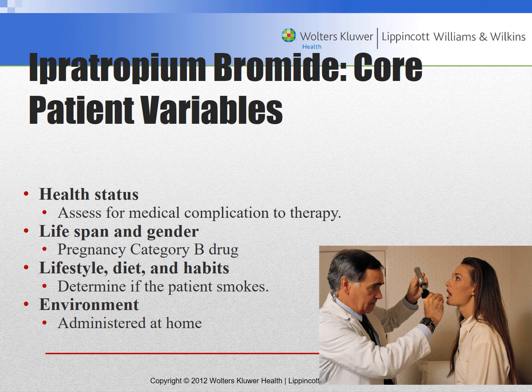We do need to determine if the patient smokes, because of some of the properties of the drug, as far as the hoarseness and the coughing, as well as making sure that if they smoke, we're giving them proper education. These drugs are typically administered at home.